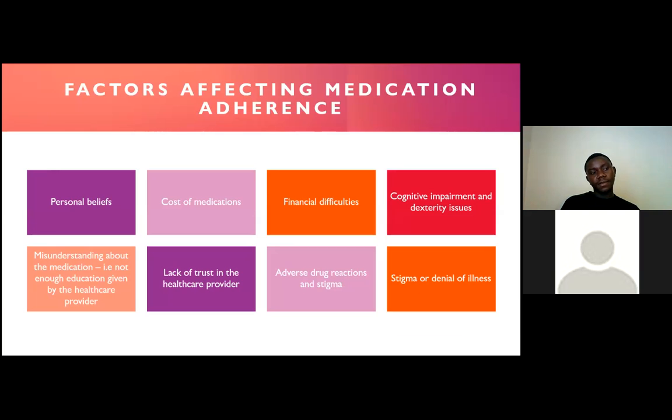Having spoken about strategies, we will now talk about factors that can affect someone's ability to take their medications. Number one is personal beliefs. Some people don't believe in taking some medications. An example is the vaccine.